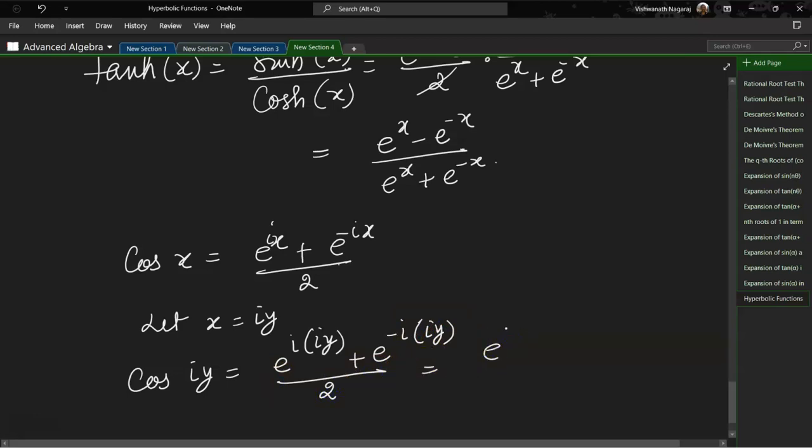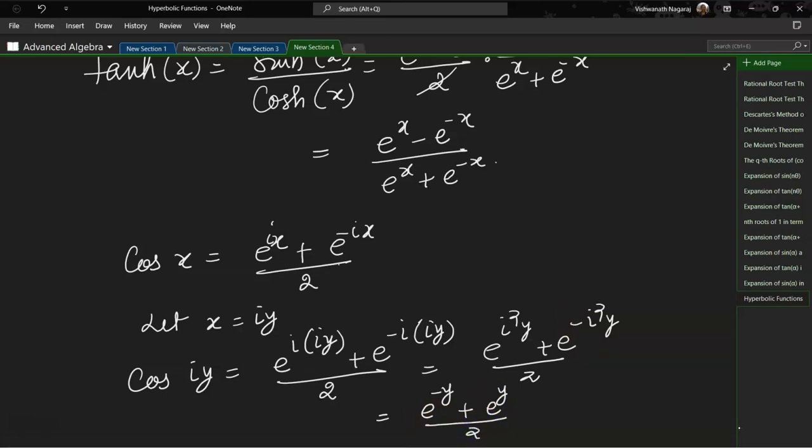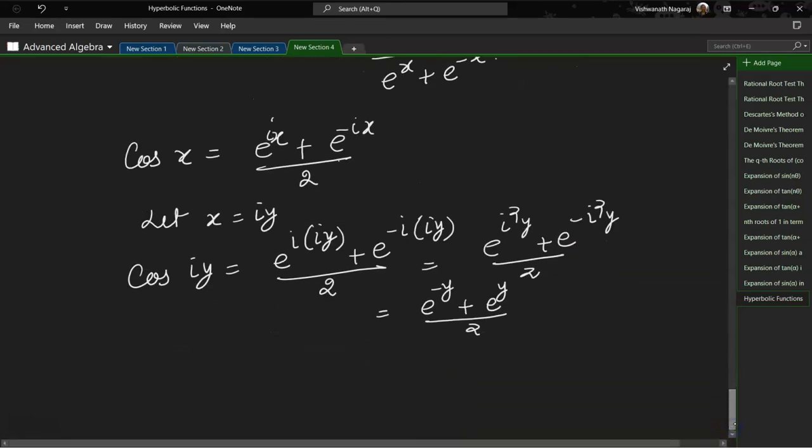Now here this becomes e to the power of i square y plus e to the power of minus i square y by 2, which, since i square is minus 1, becomes e to the power of minus y plus, now i square is minus 1, so minus into minus plus 1, so e to the power of y by 2.